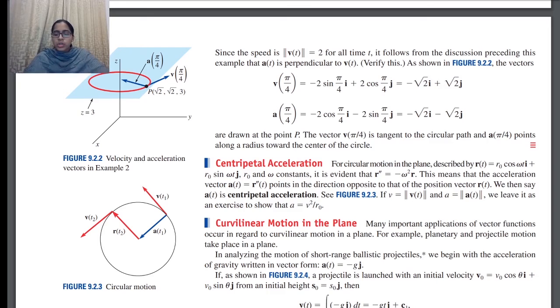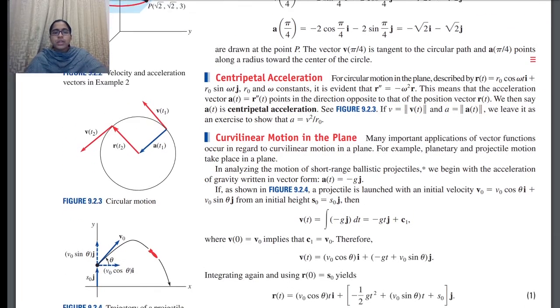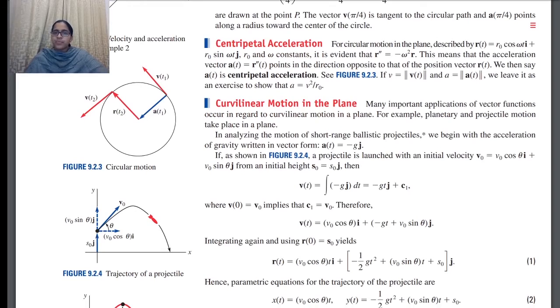Next, we are moving on to the definition of centripetal acceleration. So we have learned what the acceleration is. The acceleration is nothing other than the second derivative of the given vector function. Now let us see what centripetal acceleration is. This is mainly defined for a particle having circular motion.